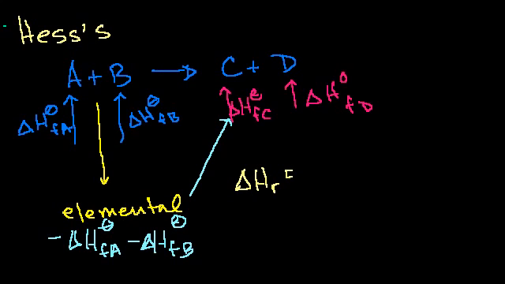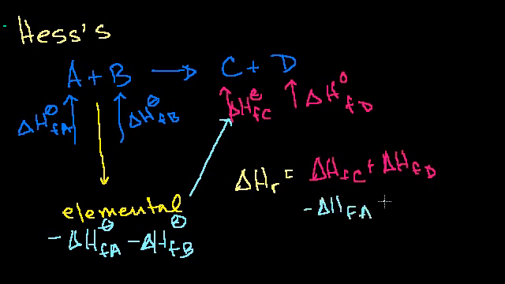So we can just write it as delta H of formation for C plus delta H of formation for D, the heats of formation of these, minus these. This is what it took you to get to the elemental form. So minus delta H of formation of A minus delta H of formation of B. And then you'll have the heat of the reaction. And if it's negative, we would have released energy.